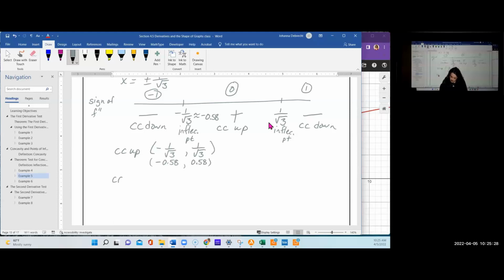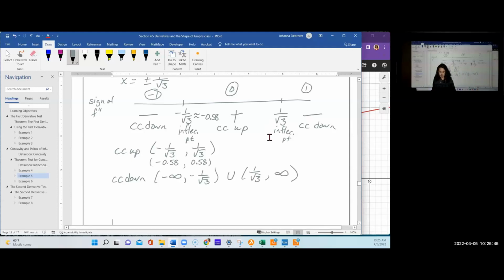And it's concave down between negative infinity up to negative 1 over the square root of 3. And again, between 1 over the square root of 3 to infinity. Right? So we're looking at all these pieces of information. Now we need to know where its inflection points are.